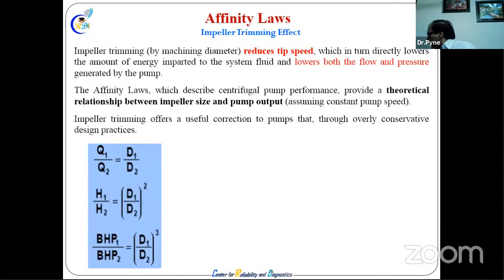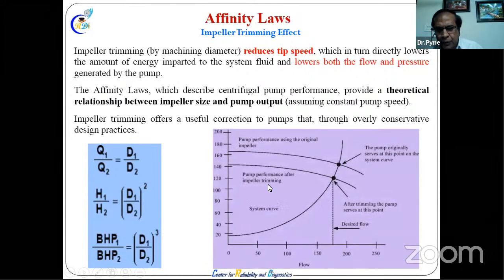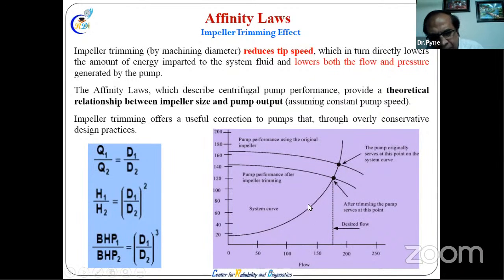That is frequently done, and I have cases here, I'll show you. By changing the impeller, you get the curve from the beginning to here, but you can see you are encountering the same system curve, not an issue. After trimming, you get the reduced flow which you want, the desired flow.